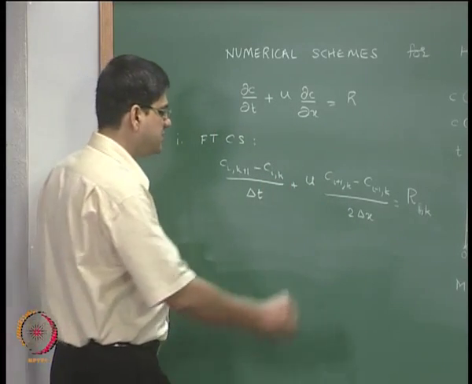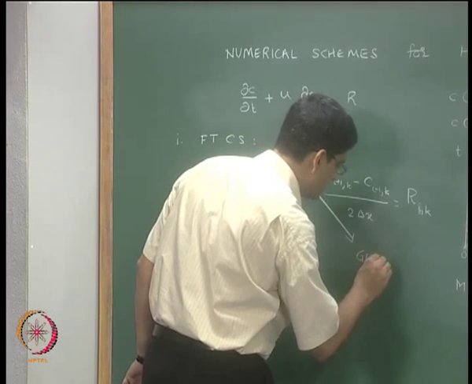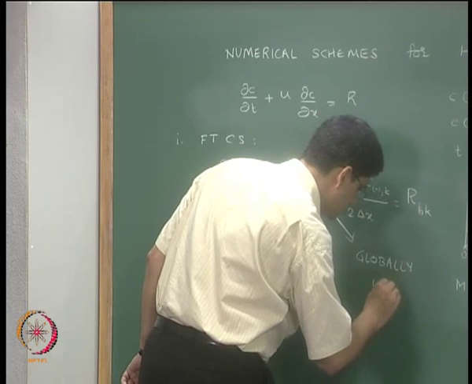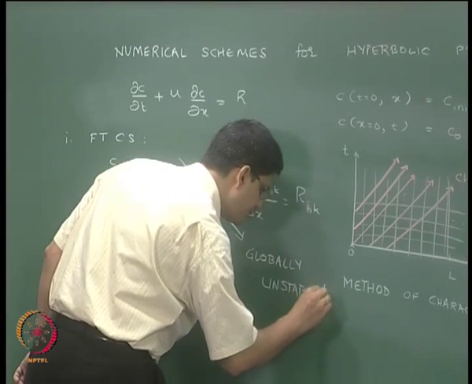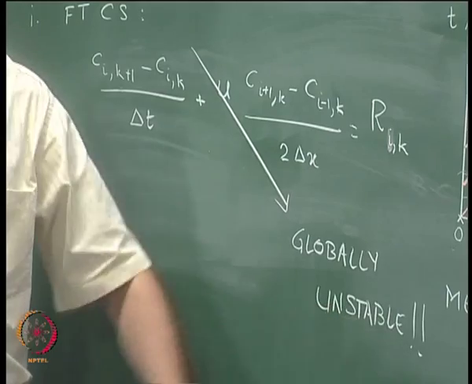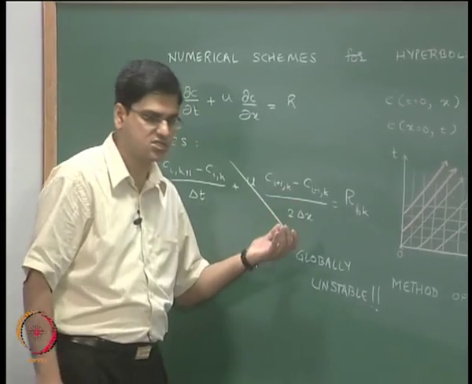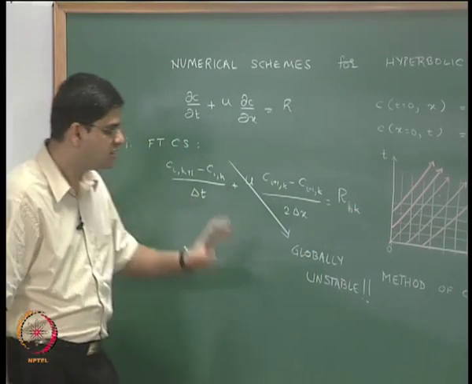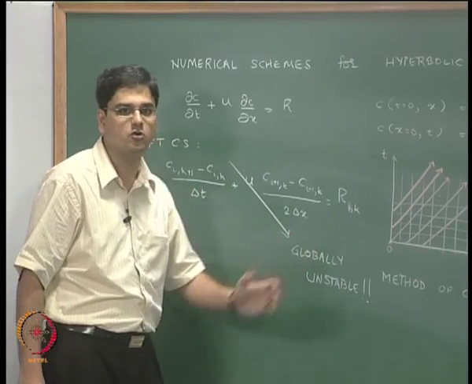However, the problem is that this particular method is globally unstable. What we mean by globally unstable is that we cannot use this equation at all, because if we use it, as we march forward in time, the solution is going to go either to plus infinity or minus infinity, and it will grow unbounded.